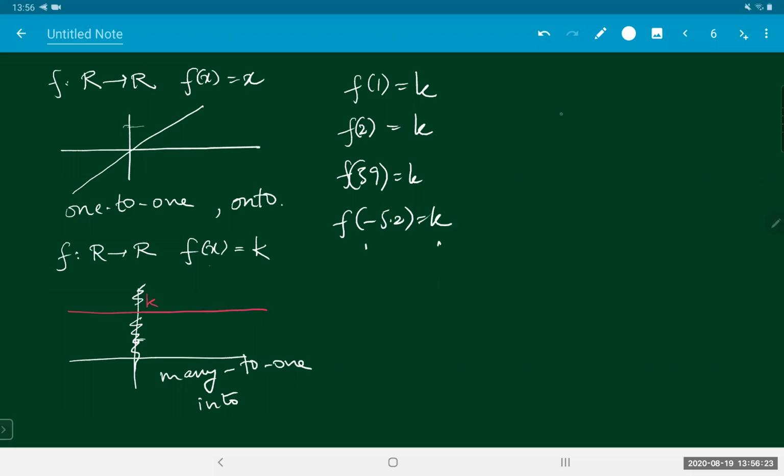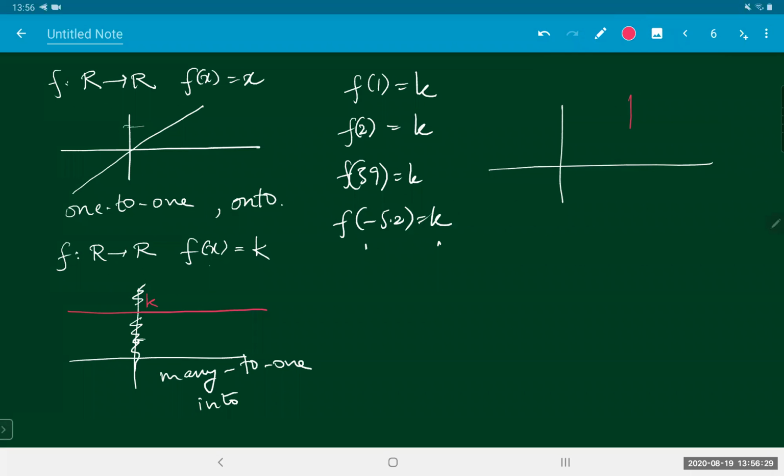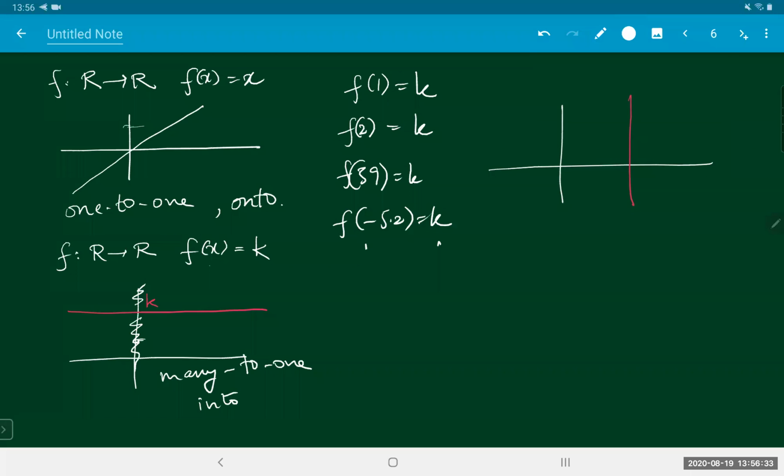What if I took this? Instead of making my line horizontal, what if I made it vertical like this? Then what do you say? Yeah, this is actually one to many. So it is not a function. This is a one to many map, but not a function.